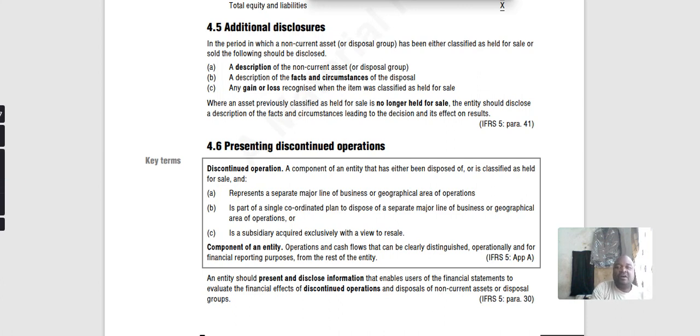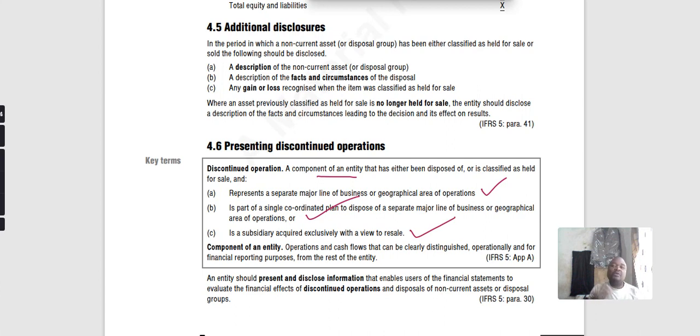You can see from the screen that a discontinued operation is a component of an entity that has either been disposed of or classified as held for sale, and represents a separate major line of business or geographical area of operation, is part of a single coordinated plan to dispose of a separate major line of business or geographical area of operations, or is a subsidiary acquired exclusively with a view to resale.